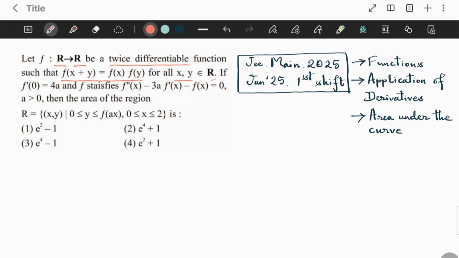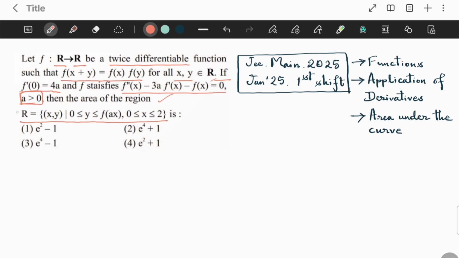Few of the constraints that are given: f dash 0 equals 4a, and also f double dash x minus 3a f dash x minus fx equals 0. It is also given that a is greater than 0. Okay, so the question asks us to find the area of the region that is bounded by this.